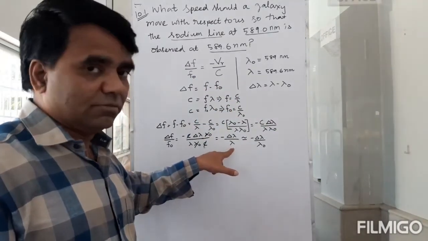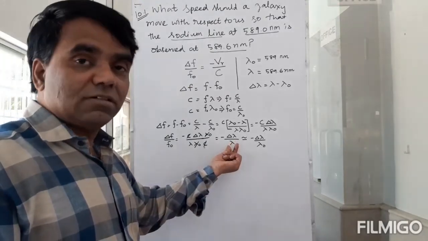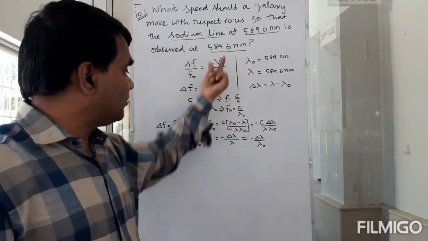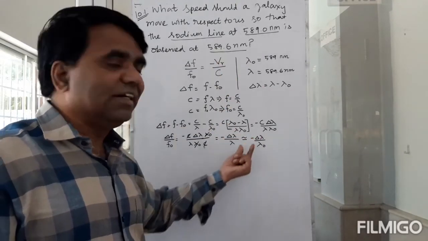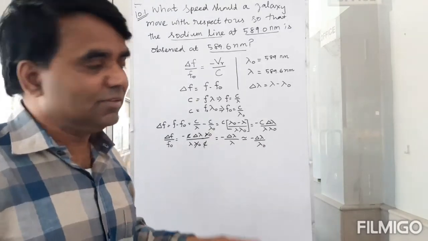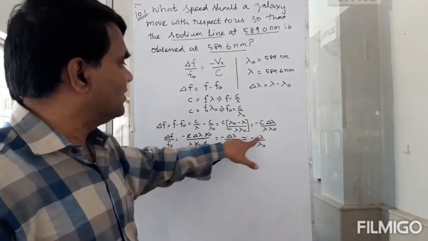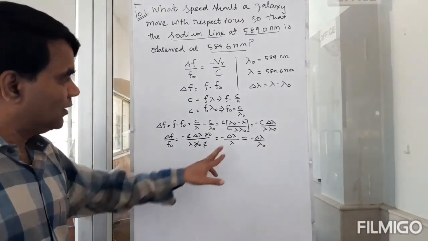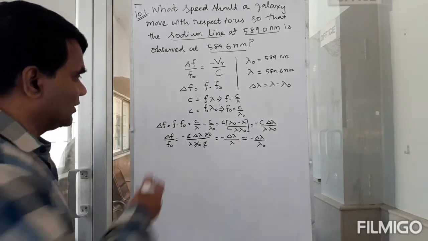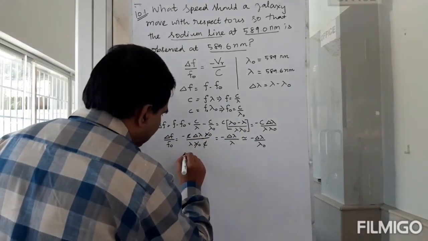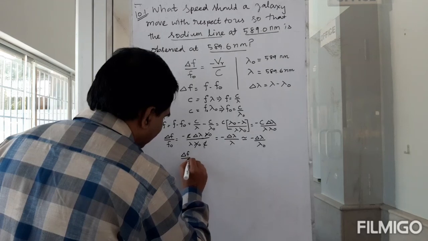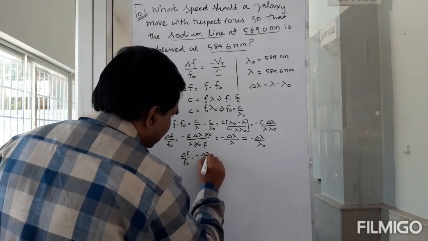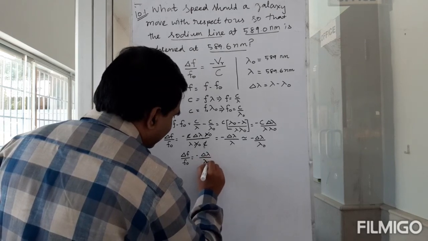But here it's in the denominator, so dividing by 589.6 is pretty much the same as dividing by 589. That's why I am approximating it. So ultimately, delta F by F naught is equal to minus delta lambda by lambda naught.